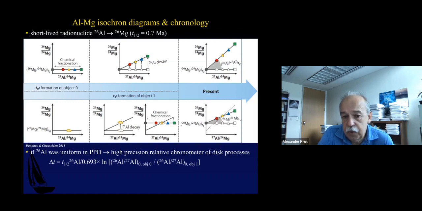The initial magnesium 26-24 ratio will be slightly elevated relative to the earlier composition, and the isochron at the end of the decay of aluminum-26 will have a slightly shallower slope. If you compare these two isochrons, two lines with different slopes, we can calculate the age difference between these two chemical fractionation events, which is indicated by the expression at the bottom of the slide.